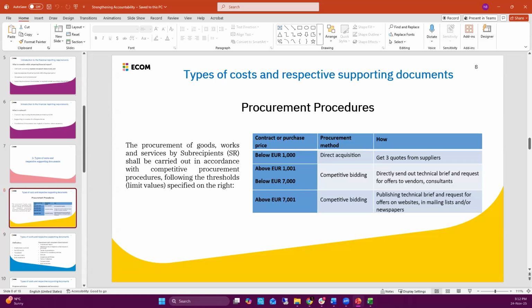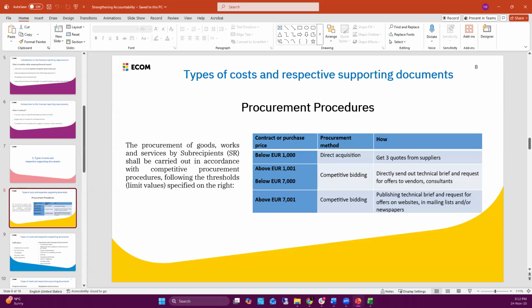And then you make a decision on the approach on vendor or consultant. Is it competitive bidding or do you need a direct acquisition? Then you prepare the protocol where this selection basis is mentioned. Then you follow up with the contracting.